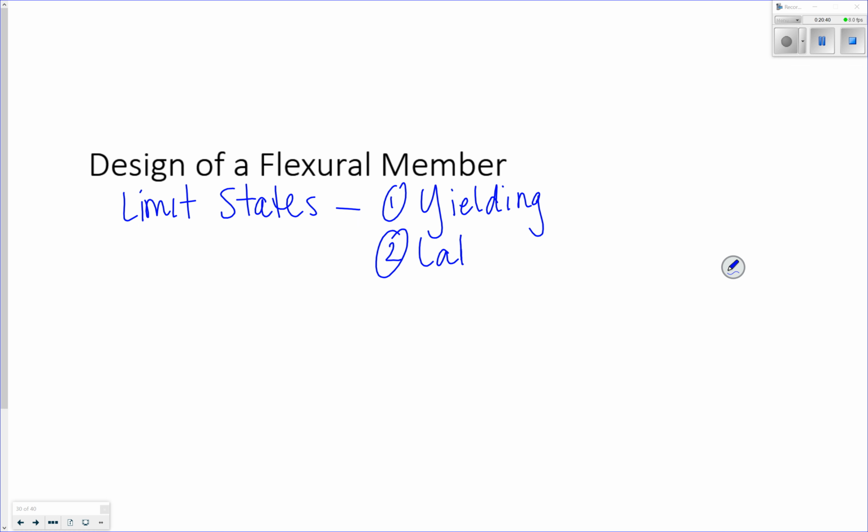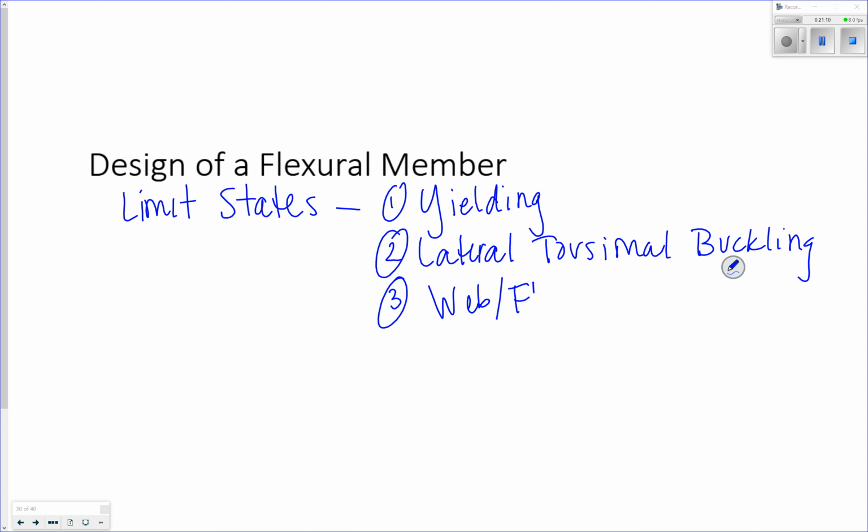Two, lateral torsional buckling. That's where my top flange, if we're looking at a W section, bows out and buckles. And then three, local buckling, web or flange local buckling.